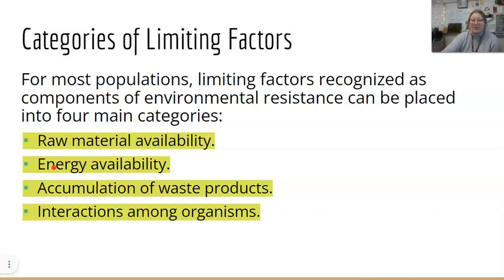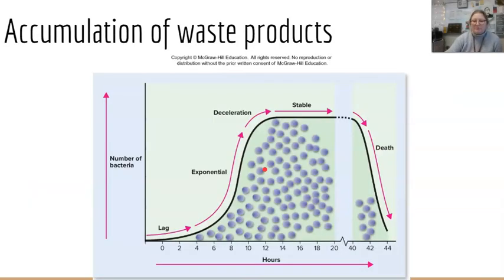Energy availability would also be food, or sunlight for plants. Accumulation of waste products: if the population is huge and really dense, with a lot of organisms living in one place, and things are dying and excreting waste, that habitat is no longer going to be a healthy, clean place for them to live, and that's going to impact how many can live there. And interactions among organisms could be predation and symbiotic relationships.